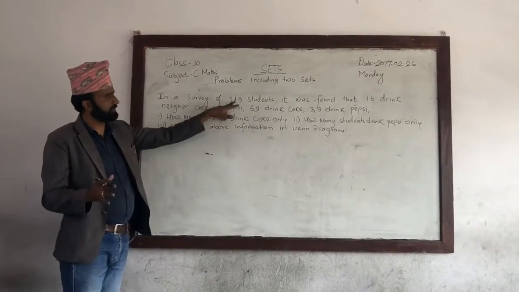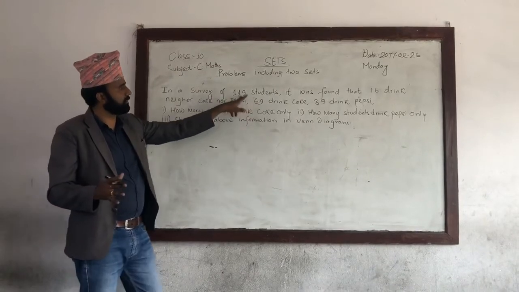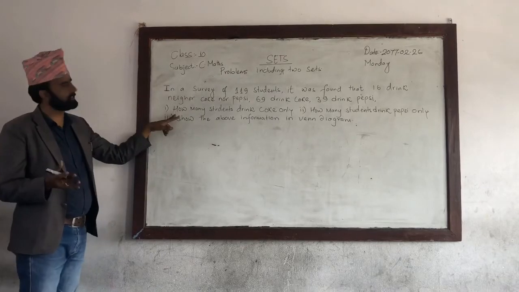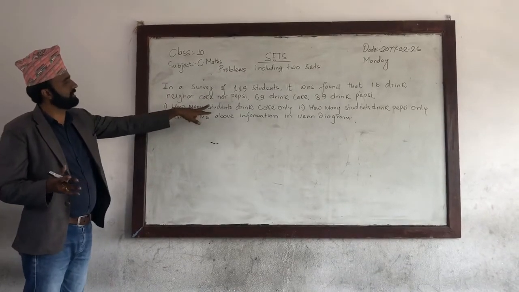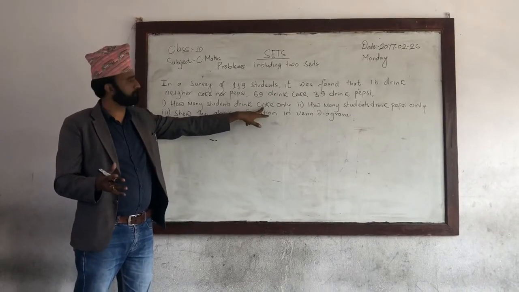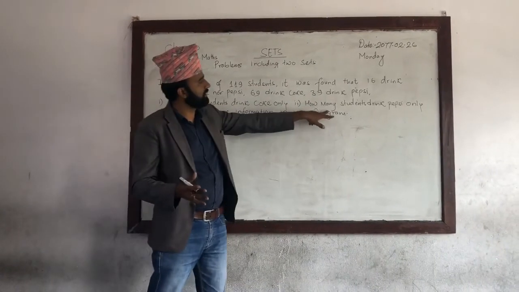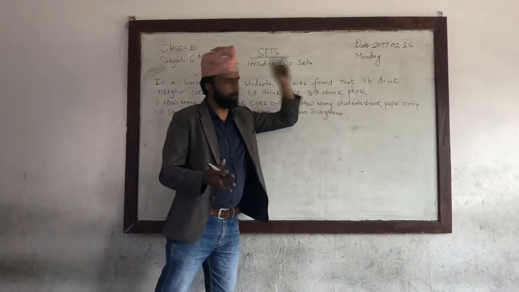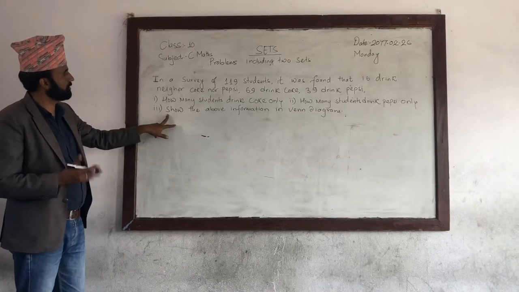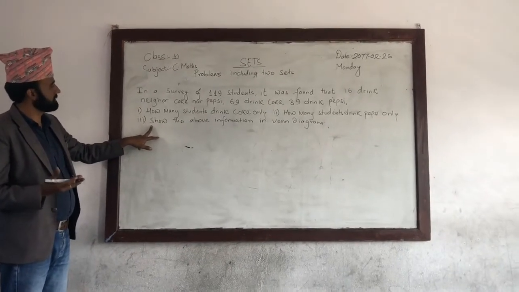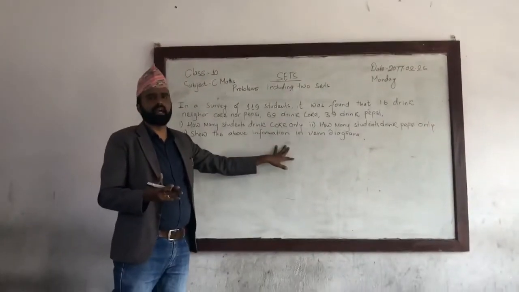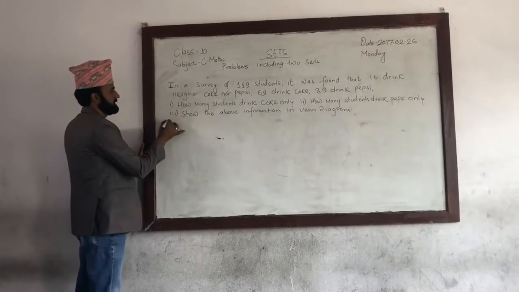Now we have some questions. How many students drink Coke only? How many students drink Pepsi only? And one more question for us. So this information in Venn diagram. Okay, the solution is like this.